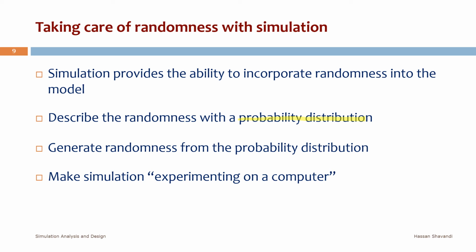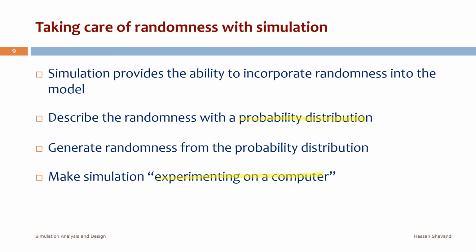In this course, we'll learn how we can fit a probability distribution for that part in the system. Okay, and we will generate random numbers or random events based on those probability distributions, and we make simulation as experimenting on a computer instead of experimenting in the real system.